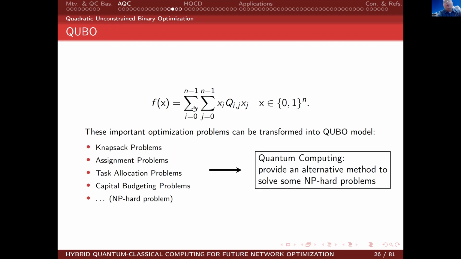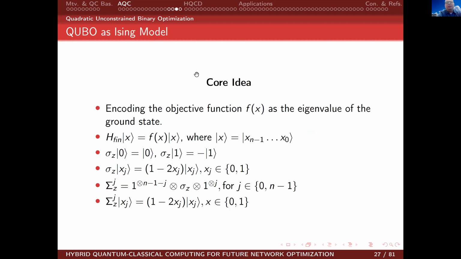And how do we apply the quantum annealing algorithm to solve this QUBO problem? The core idea is here. For this unconstrained optimization problem, there are two things. First, the optimal solution for the decision variables.